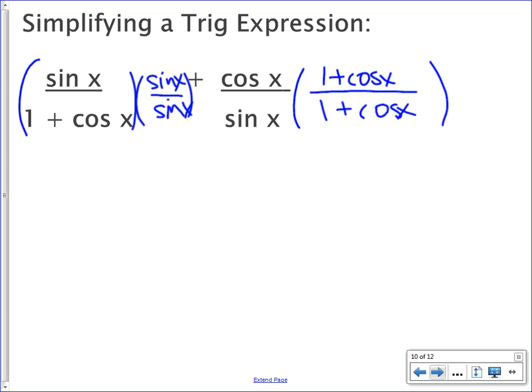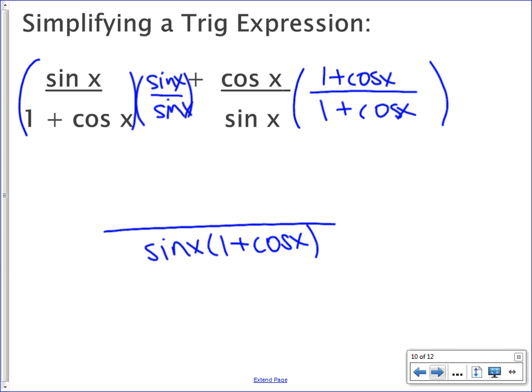Right? So we have a common denominator. What is this first numerator? Sine squared. Sine times sine is sine squared. This second numerator is what?